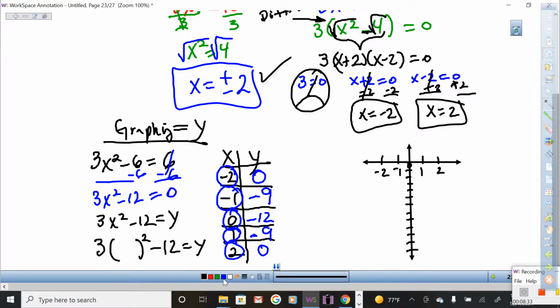Okay. Negative 2, 0. Negative 1, negative 9. 0, negative 12. 1, negative 9. 2, 0. There it is.